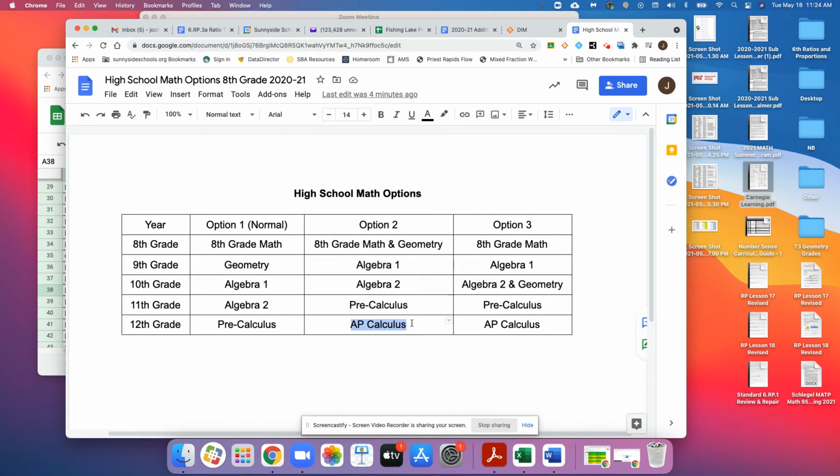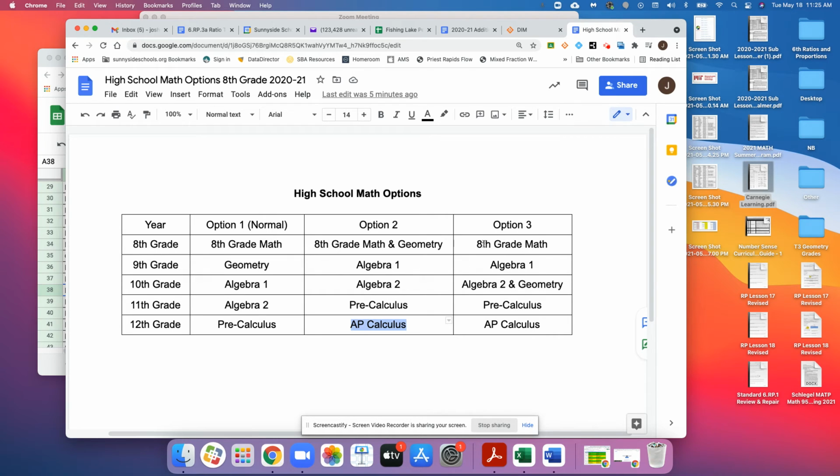You may be wondering to yourself, gee, I didn't do geometry my 8th grade year, and my 8th grade year is almost over, so it's too late for that now. Is there another way that I can get to this AP Calculus class because I really like math and I want to do more math than what is offered in the normal track?